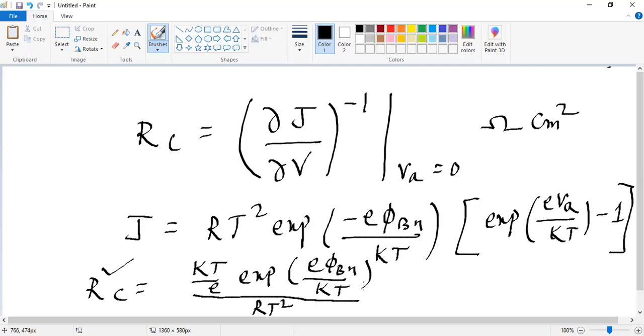For a metal semiconductor junction with a high impurity doping concentration, that is a high value of Nd, the tunneling process will dominate.